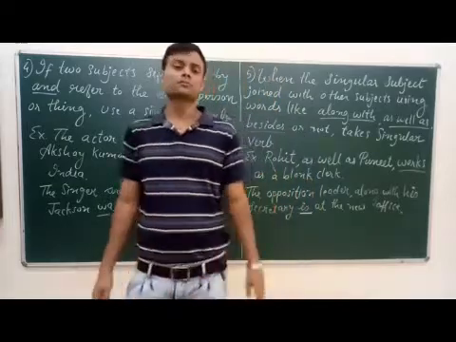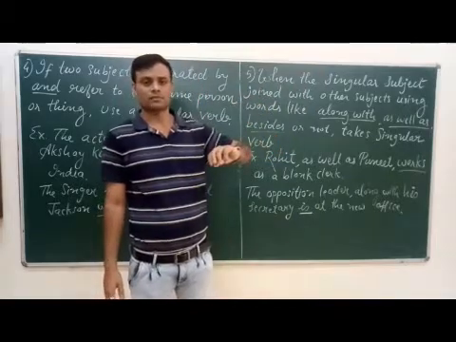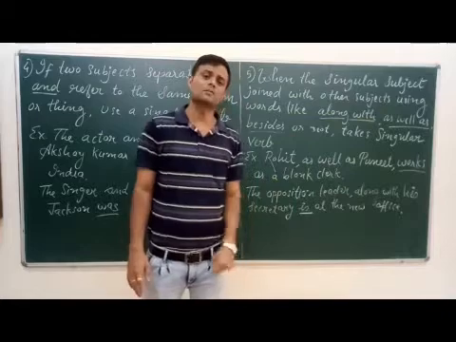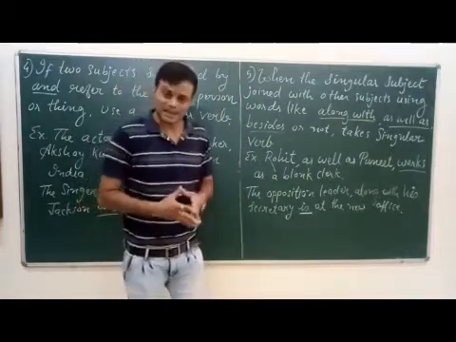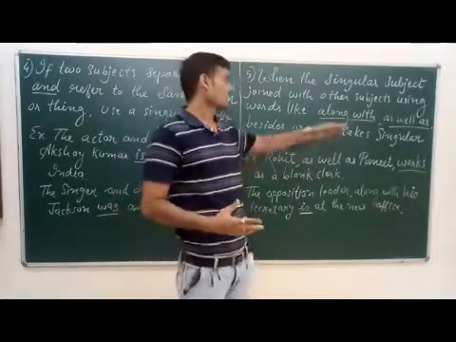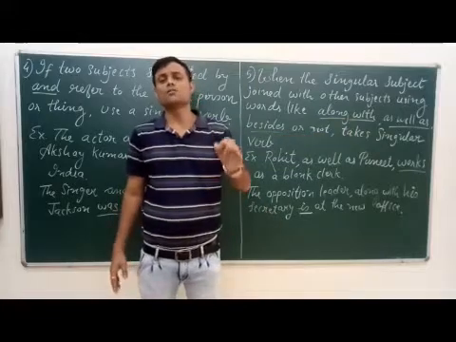Now the fifth rule: when a singular subject is joined with other subjects by using words such as as well as, along with, besides, or not, it takes a singular verb.